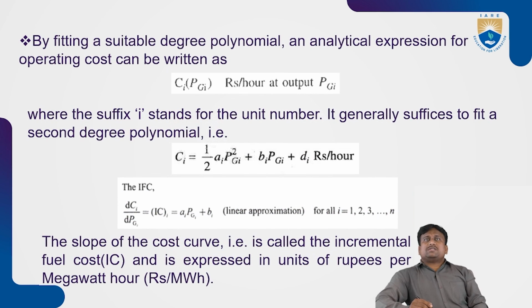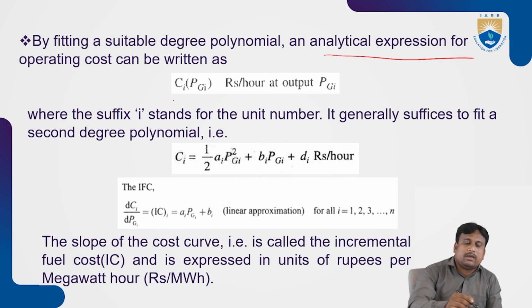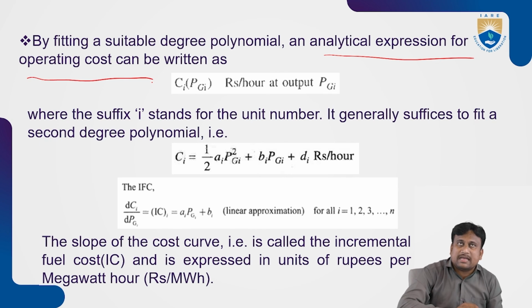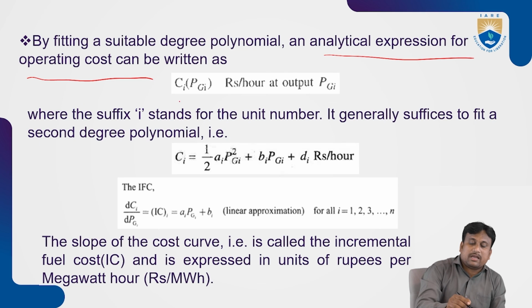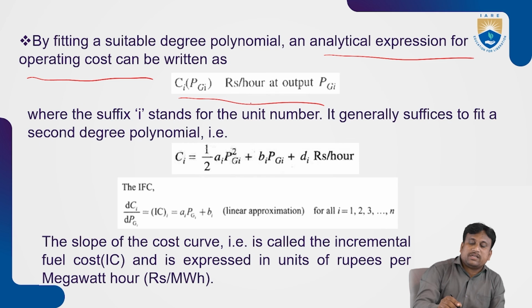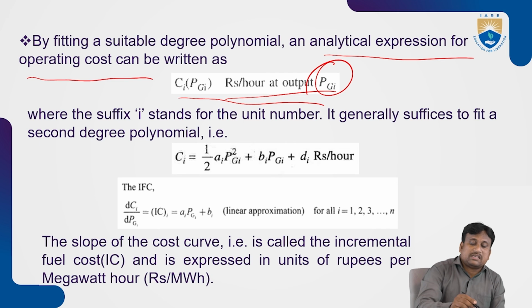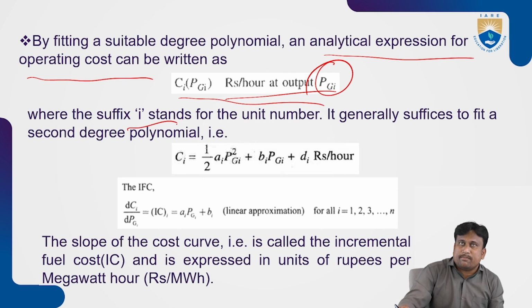By fitting a suitable degree polynomial, an analytical expression will be fixed as an operating cost that can be expressed as Ci of PGi, in rupees per hour at the output of PGi. Here the suffix i stands for the unit number.